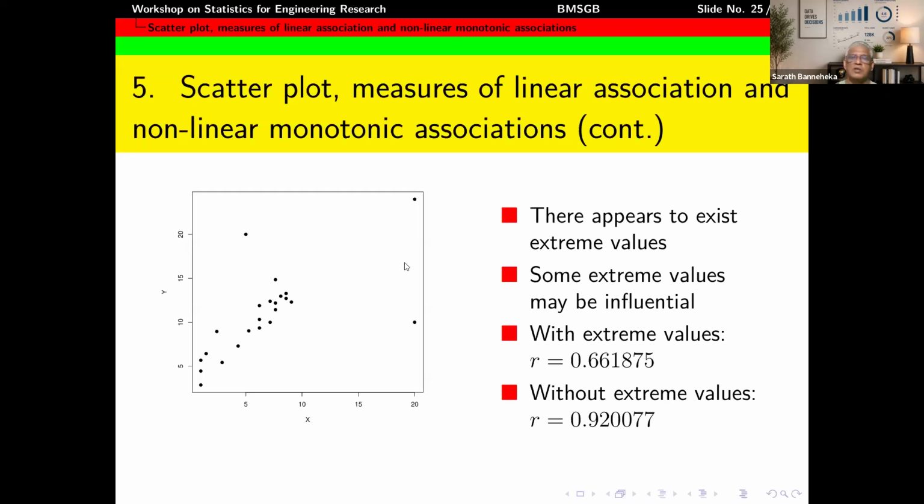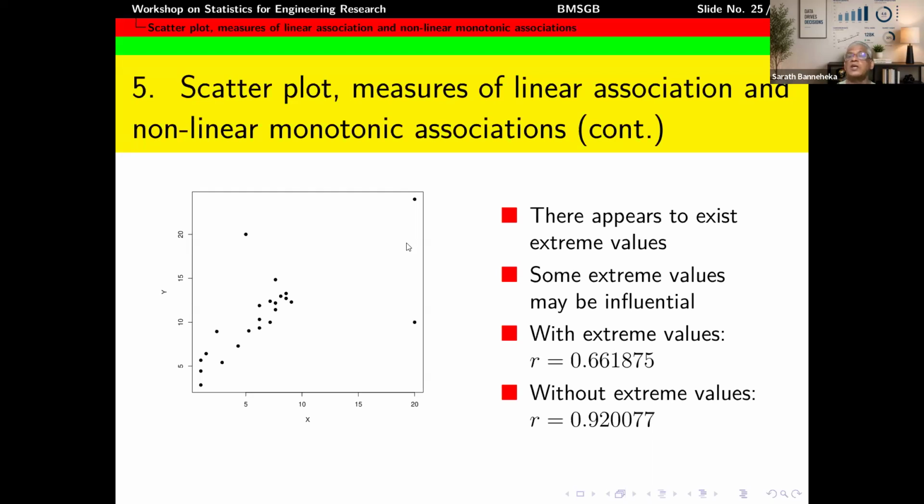On the other hand, if you are keeping these observations because they are actually correct, then when you are reporting this kind of correlation coefficient, you have to give a little bit more detail and explain that there was some relationship for the bulk of the data, with this correlation coefficient, but here the correlation coefficient is smaller because of these extreme observations.